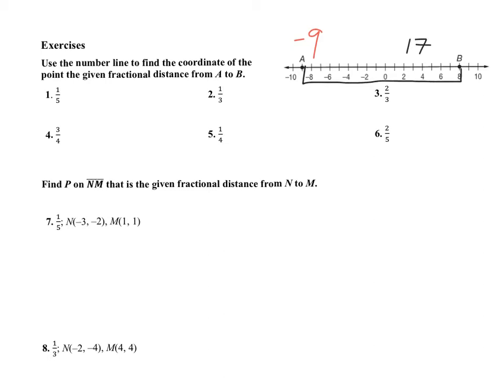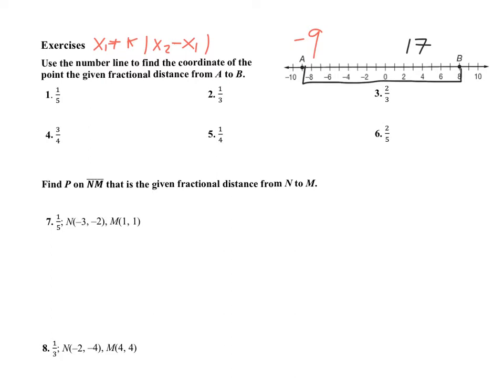If we take a look at our initial equation, our x sub 1 is always going to be -9, and the distance here, the absolute value of x sub 2 minus x sub 1, is always going to be 17. The only thing that changes, folks, is our k value.